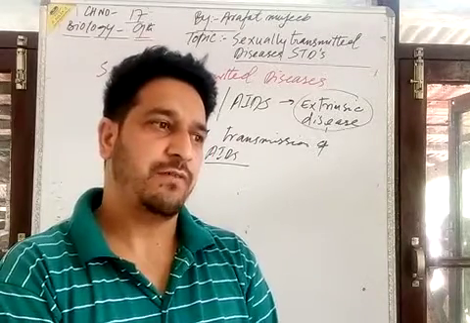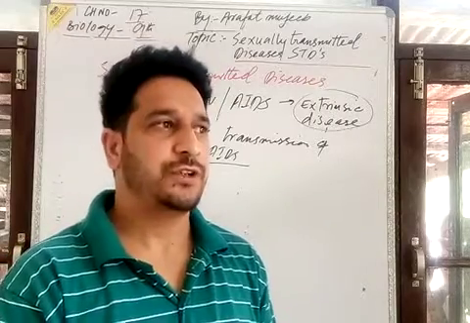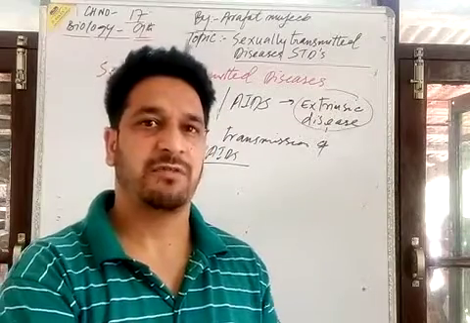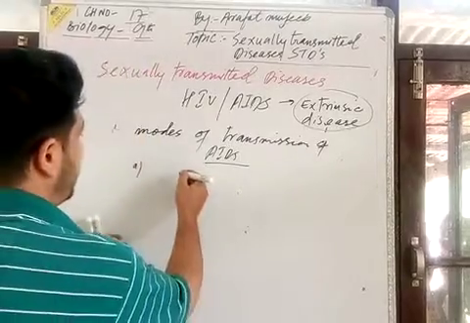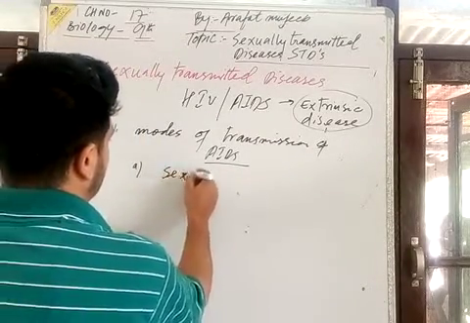And when any person has multiple sex partners who are not known to them and has sex with them, there is a 70% chance. The first one is sexual intercourse.